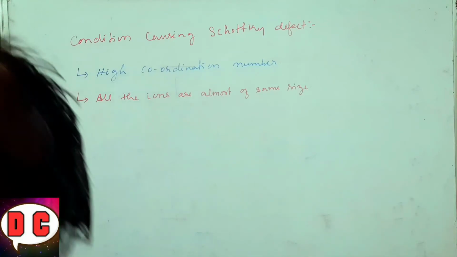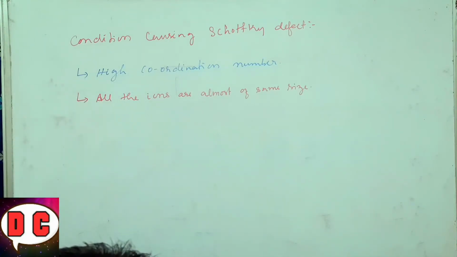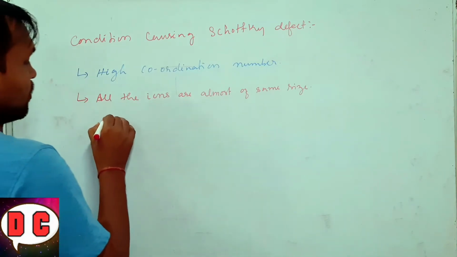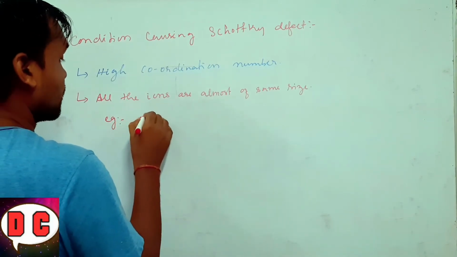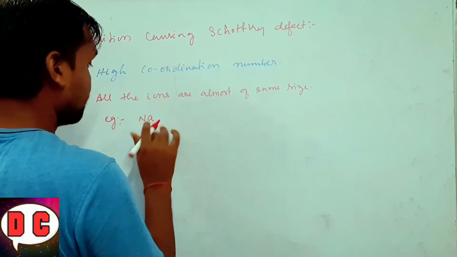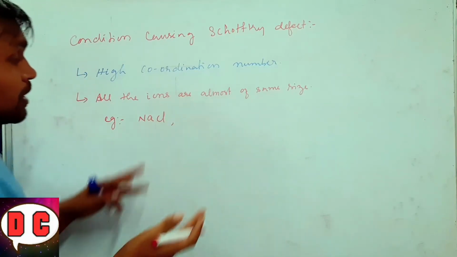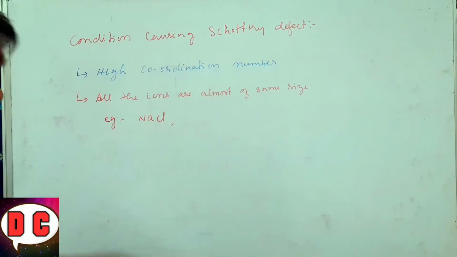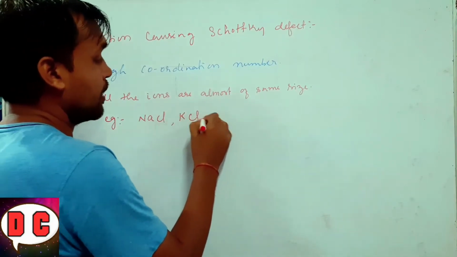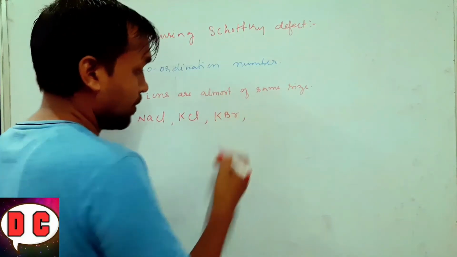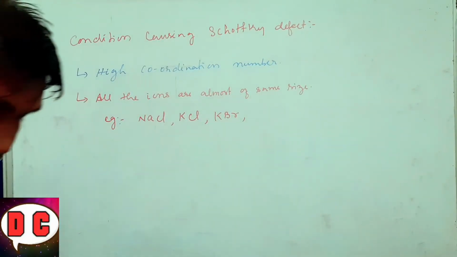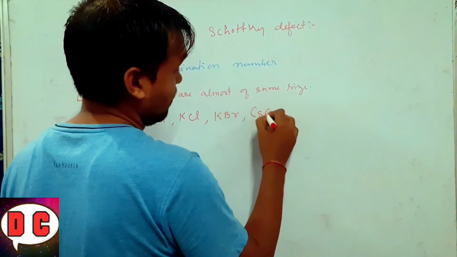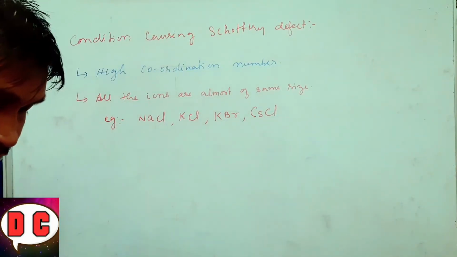Now we are going to see some examples in which Schottky defects occur. Some of the stoichiometric compounds in which Schottky defect occurs are NaCl, where the coordination number is very high, 6 and 6, then KCl, KBr, CsCl, and AgBr.